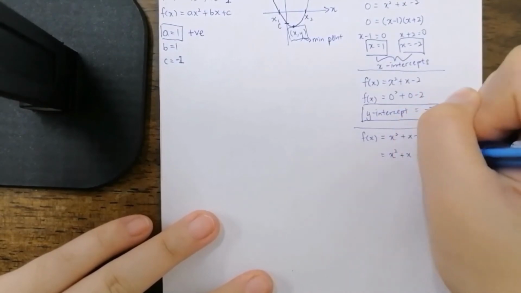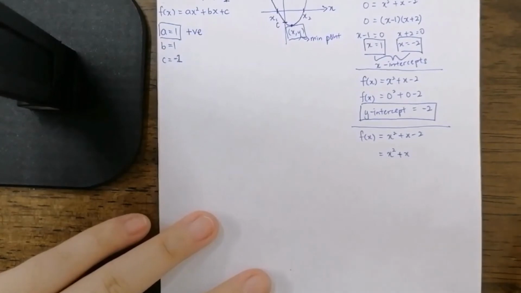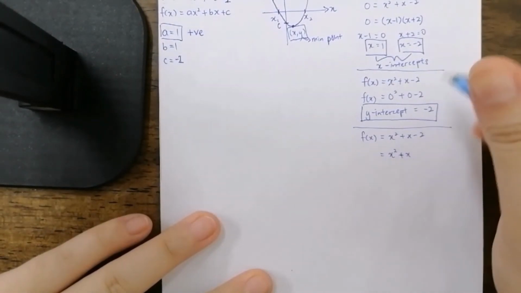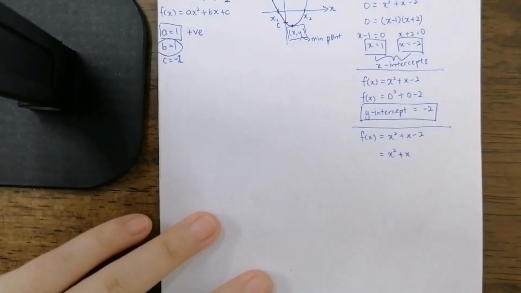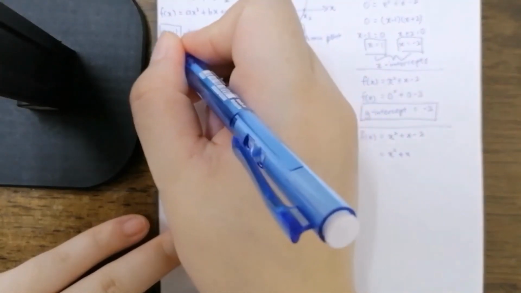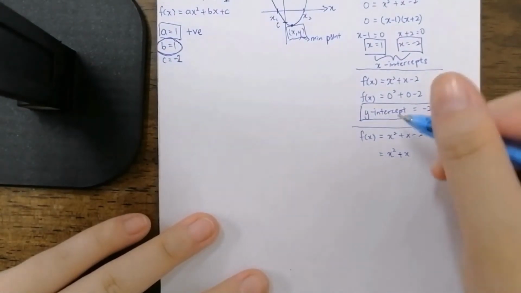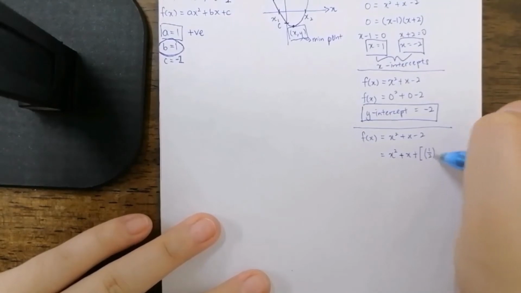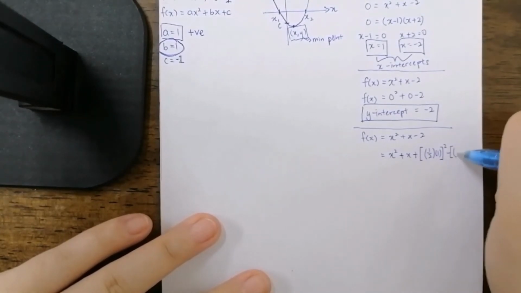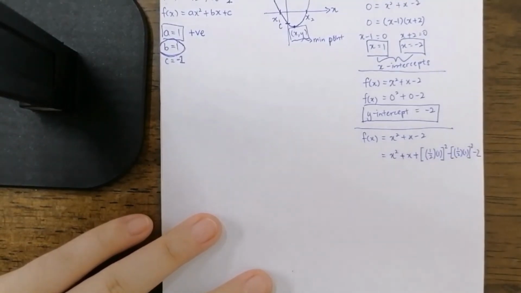Okay, so the first term and second term, you can bring them down. So for the third term, let 1 over 2 multiply with b. Our b is 1. So let 1 over 2 multiply with 1. And then square the whole term. And the next term, let 1 over 2 multiply with 1, square the whole term, and then minus 2.